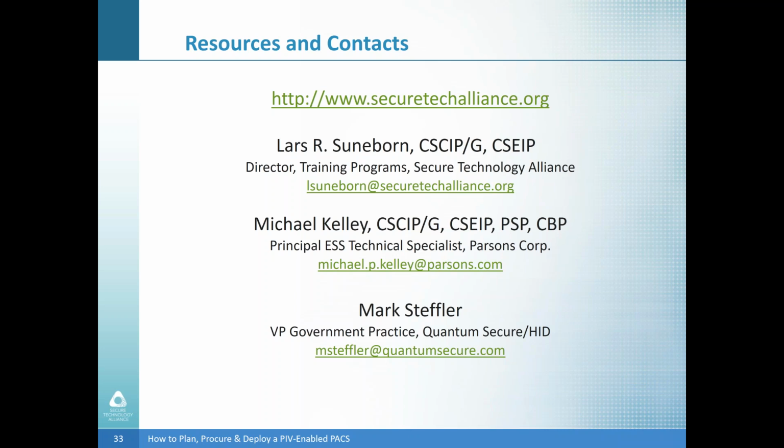I think that potentially we can come up with guidelines for between this much money and this much money per user, and between this much money and this much money for PACS. But again, as Mike mentioned, depending on how far you're going. But those two metrics, if you can come up with the number of identities that are going to be involved in this PACS transformation and the number of doors, you can begin to use those as rough guidelines.